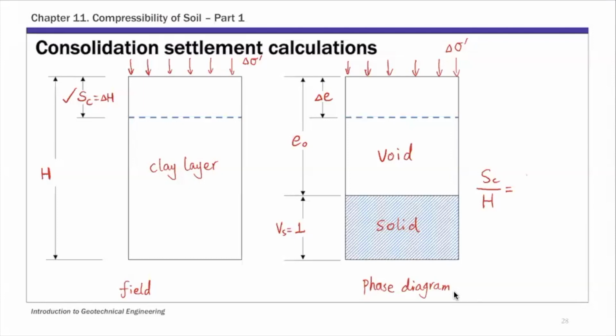So it's delta e over 1 plus e0. And from this simple relationship here, we can get that equation to calculate primary consolidation. So this is an equation basically that governs settlement primary consolidation calculation.